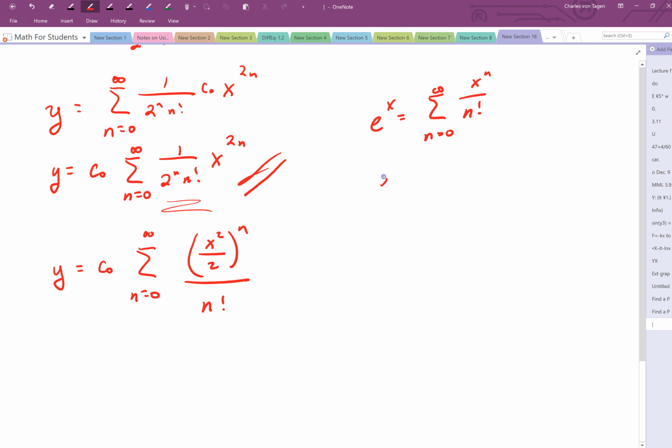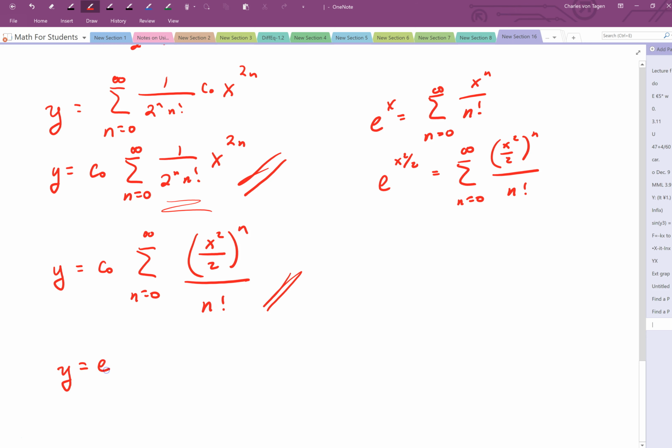Here, if I were to look at e to the x squared over 2, this would look like the sum from n equals 0 to infinity of x squared over 2 to the n over n factorial, which is our solution. So although we came up with the power series solution, which is what we wanted for this problem, we could also identify it with its equivalent power series representation for e to the x.